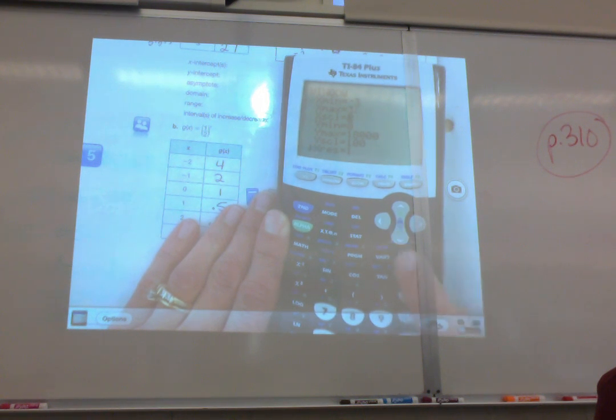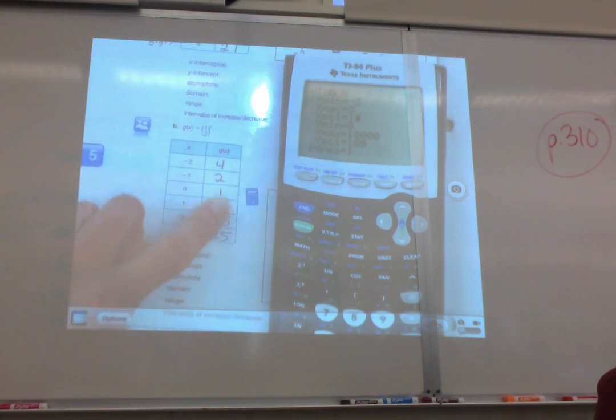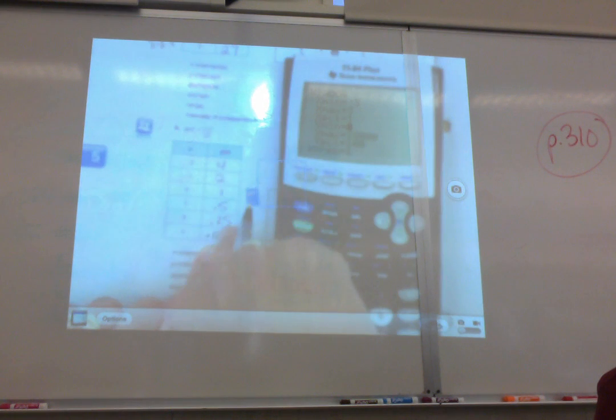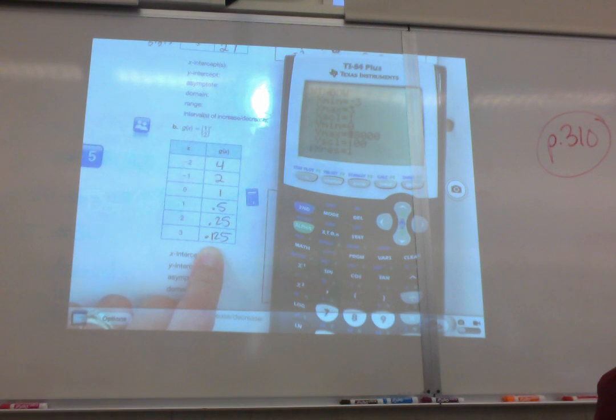And I'm going to go a scale by 1s. On the y-axis, I'm going to go 0 because I have all positive numbers. So y min is 0. What's the biggest y that we have? 4. So y max is going to be, let's go ahead and make it 5, going up by 1s.